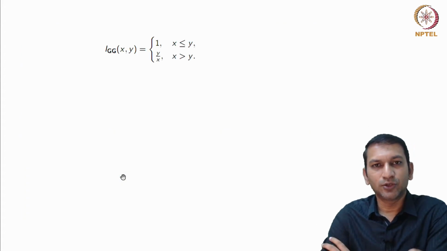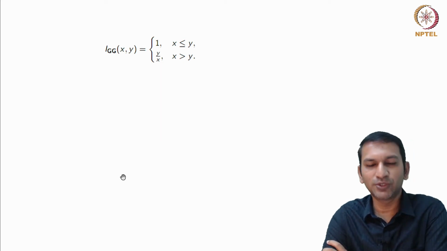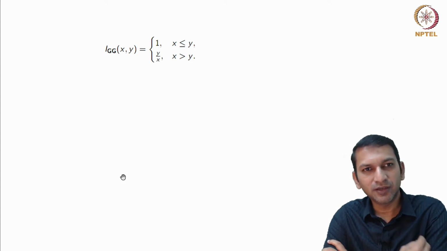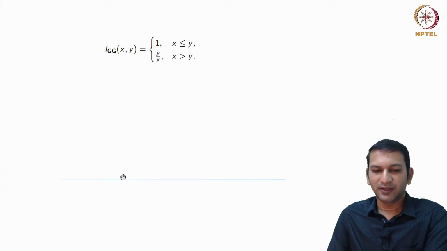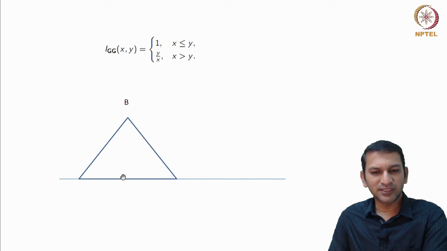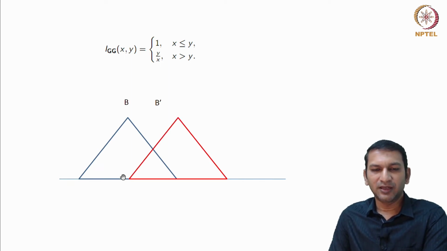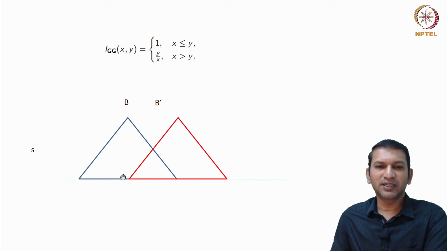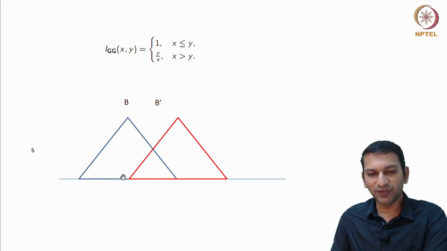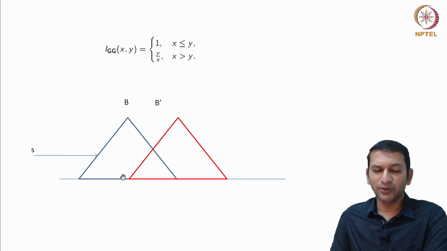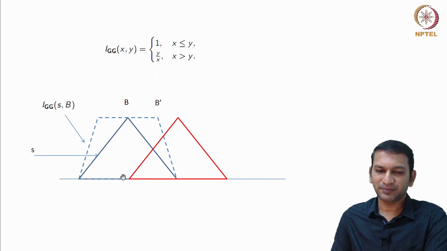Let's take the Goguen implication, because for modification often we use the implication function. Clearly the Goguen implication is not a continuous implication. Let's consider two fuzzy sets B and B', these are the fuzzy sets that we want to modify. Let's assume that S is the similarity value coming from [0,1], with which we want to modify this B. This is the value S. Now using the Goguen implication, if we modify this, then this is the modified fuzzy set that we get.